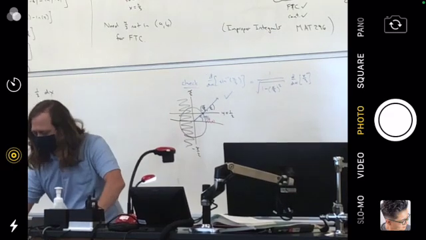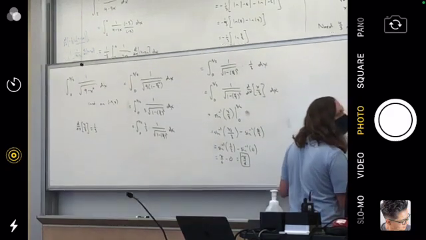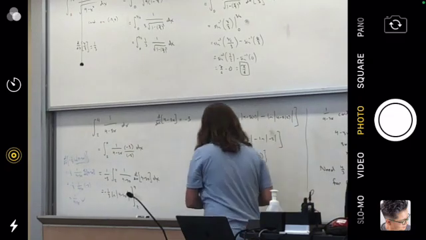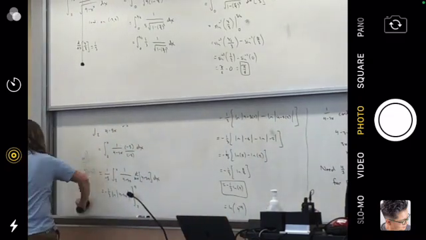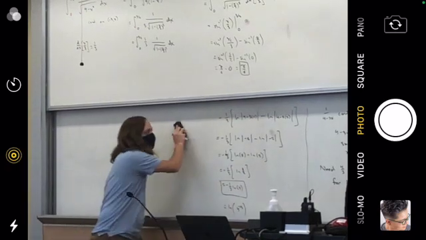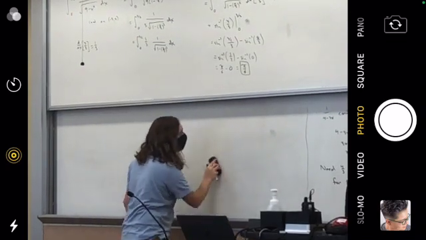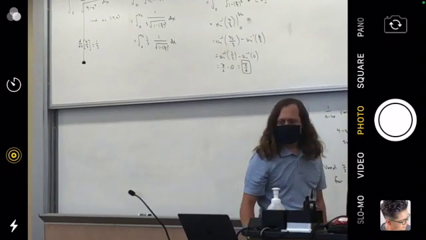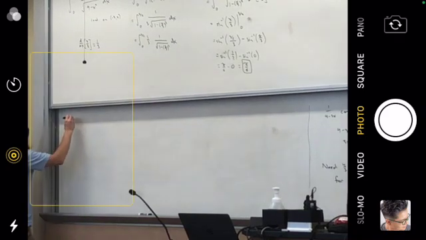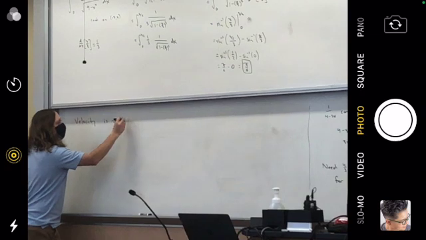So let's do one last example. Let's say velocity of a particle. Velocity is v of t equal to cosine of t.